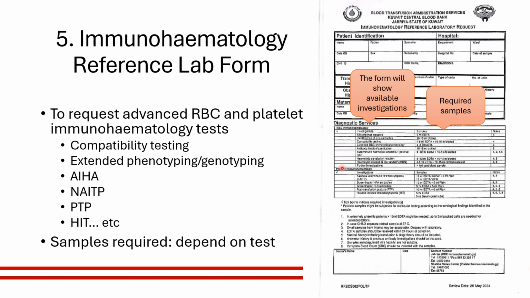Sometimes it doesn't. Now, if you are in a country where your form doesn't have this very, very useful table, you should always ask about the exact requirements for special tests if they are the types of tests that you haven't come across before or you don't know exactly the samples required for them.